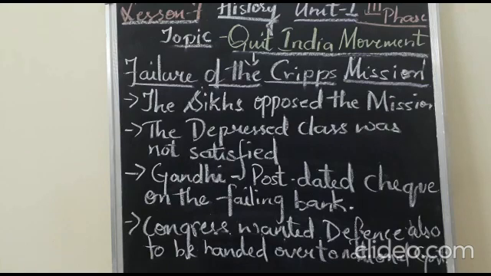The Sikhs were not happy because they said they would be directly under the mercy of the Muslims if partitioned and their interests would not be safeguarded. The depressed classes were not satisfied because their position and importance in the country would be dominated by the upper caste Hindus. Mahatma Gandhiji called it a post-dated cheque on a failing bank.